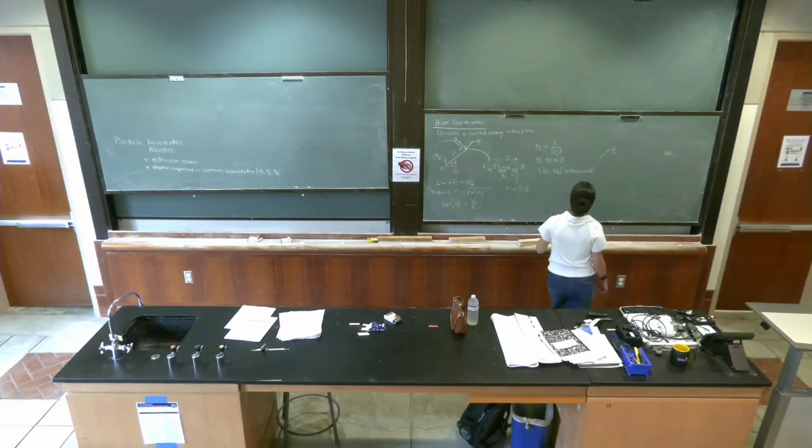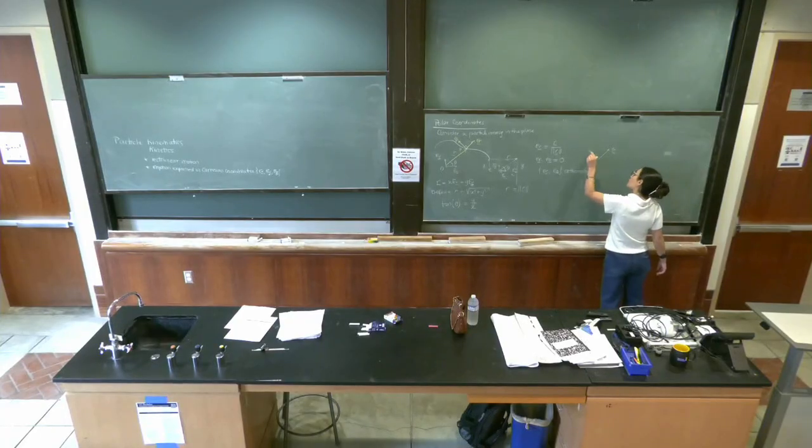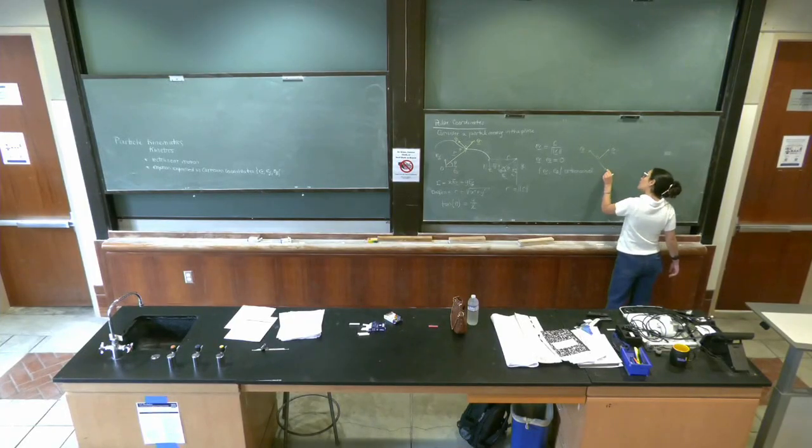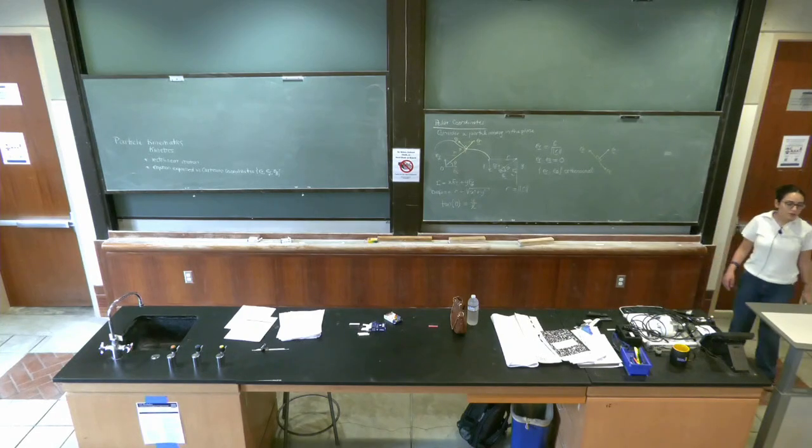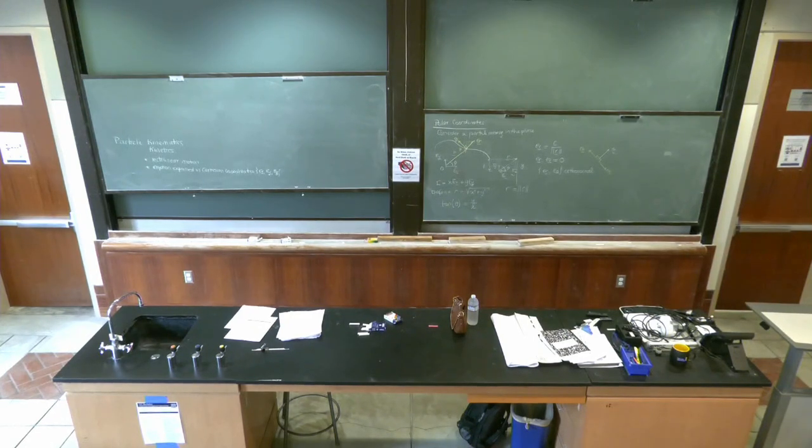I can draw e_theta up or e_theta pointing down. Which one do you think I will choose here? The e_theta pointing up or pointing down? Up. Why? Any ideas? I haven't told you this yet, but I want to see if you would guess it.